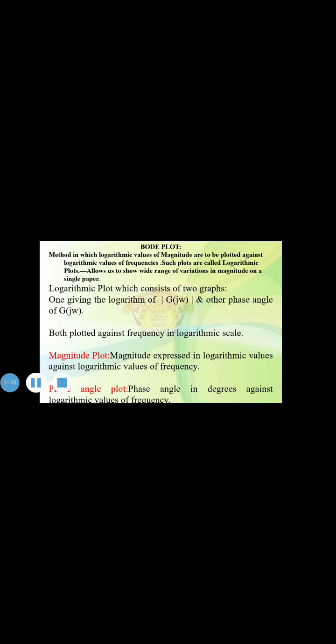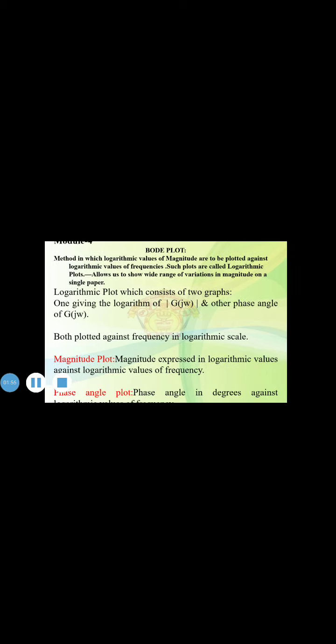Magnitude plot. The magnitude can be expressed in its logarithmic values by finding the value 20 log base 10 of the magnitude of G of j omega, which has a unit of decibel, denoted by dB. For Bode plot, magnitude of G(j omega) is 20 log base 10 of |G(j omega)| in decibel.